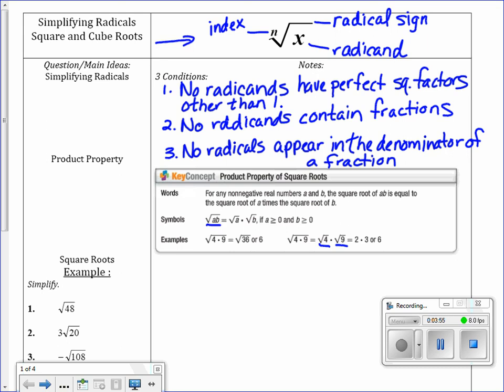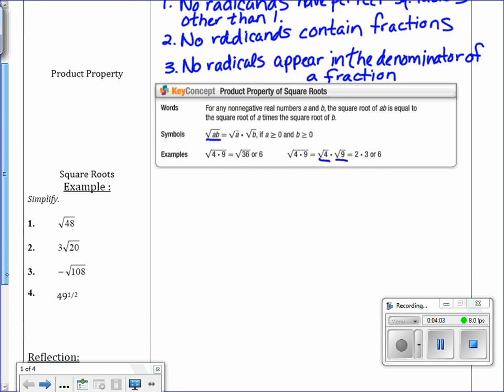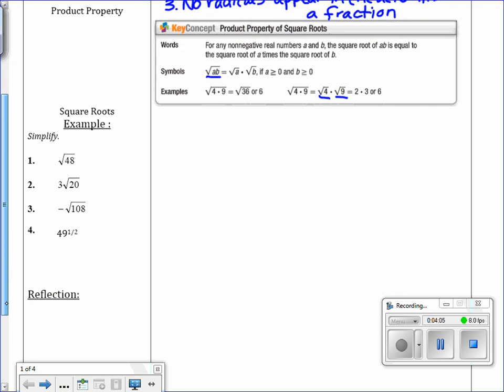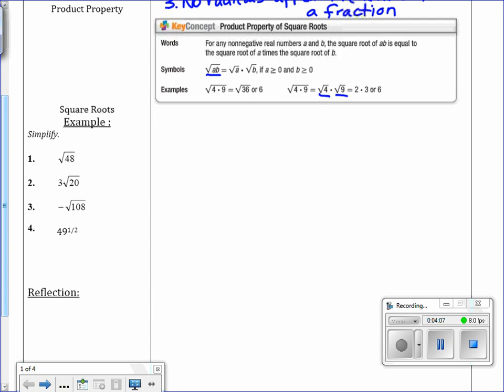Okay, so let's go ahead and work on condition number 1. That's the first thing that we want to do. Let's work on condition number 1, square roots. Here we have the square root of 48. When I'm thinking about the square root of 48, initially this is where my thought process goes. I think of the square root of 4 times 12.